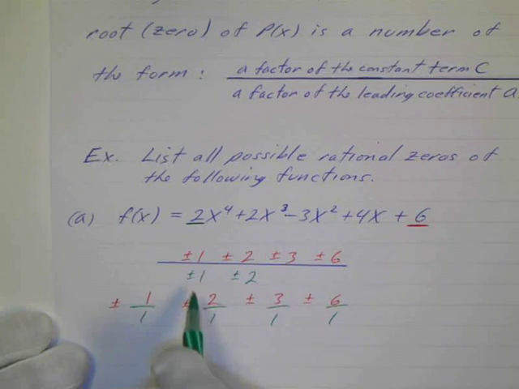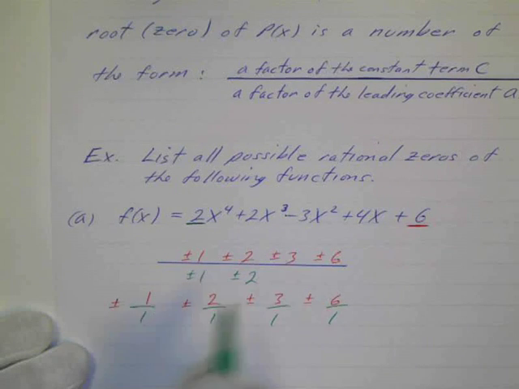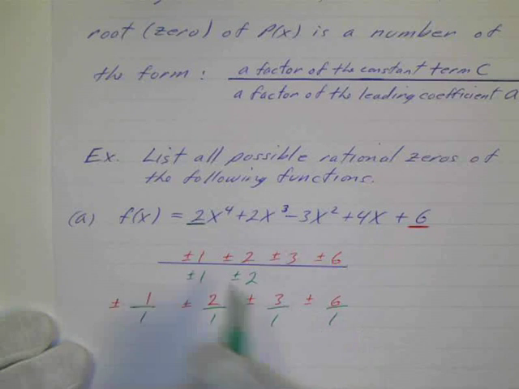So I got plus or minus 1 over 1, plus or minus 2 over 1, plus or minus 3 over 1, plus or minus 6 over 1, and then I've got to take all these and put them over 2.